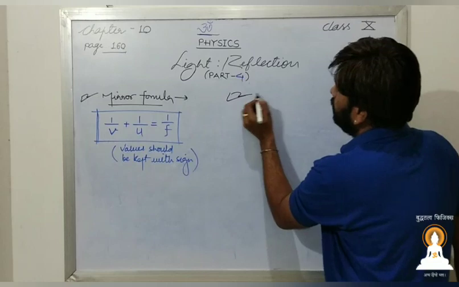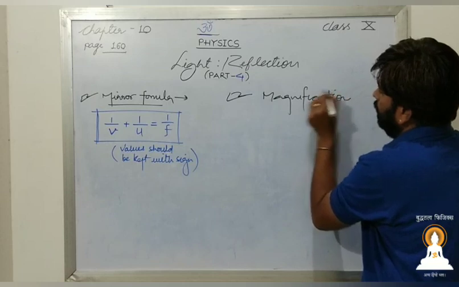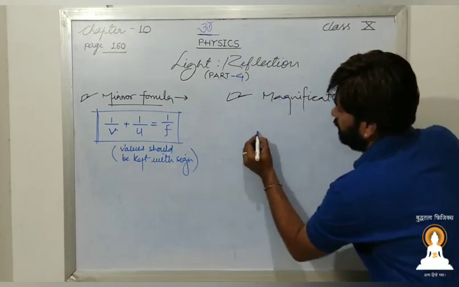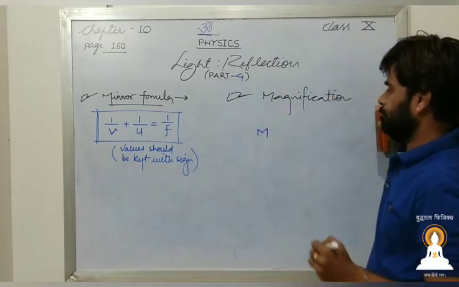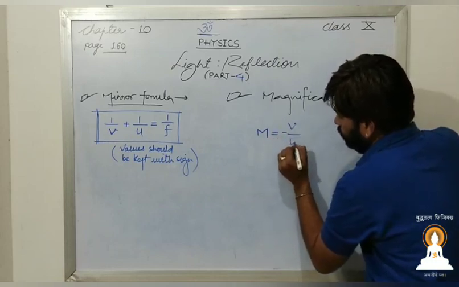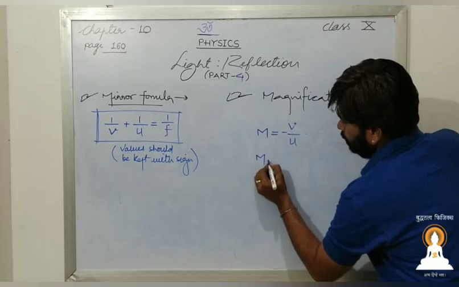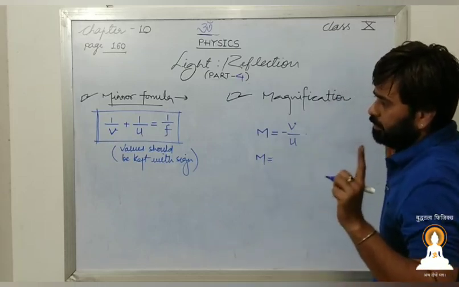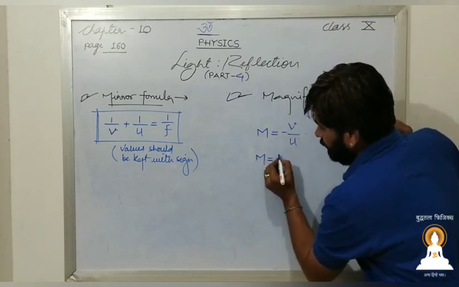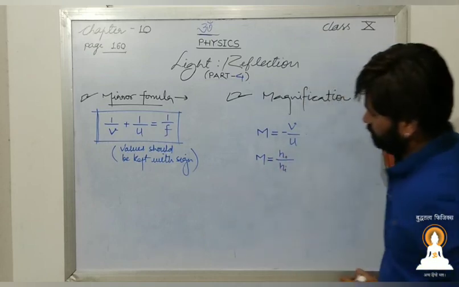One more thing is magnification. Now what is magnification? It is denoted by capital M. The formula for this is minus v by u, or in terms of height of object and height of image, m is equal to height of image upon height of object.